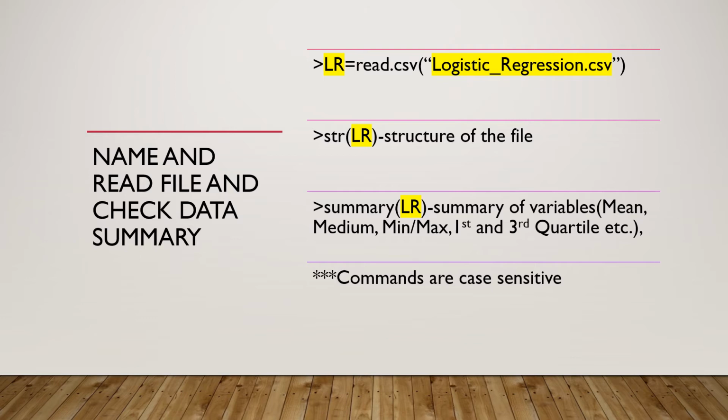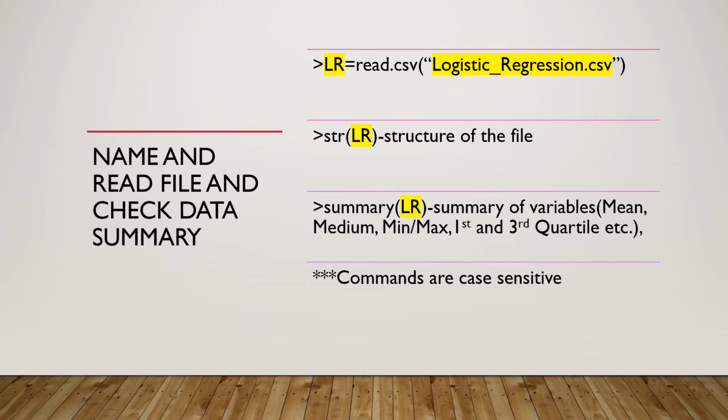To see the structure of your file, you will use the command str parentheses. And so in the parentheses, you will enter your data frame name, which again, my data frame name is LR, and this will give you the structure of the file. For the summary, you will enter summary parentheses data frame name.